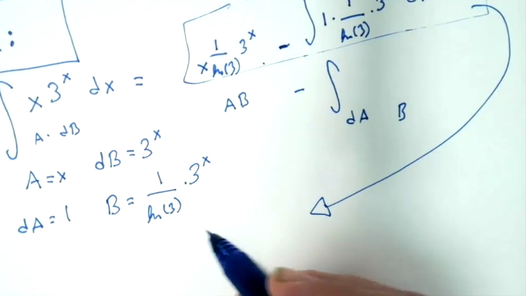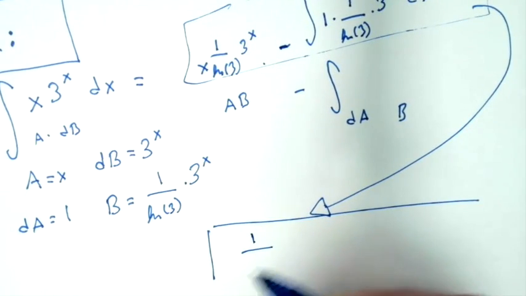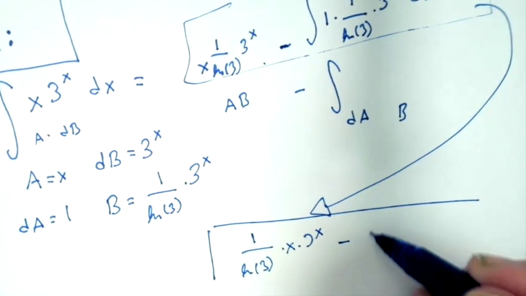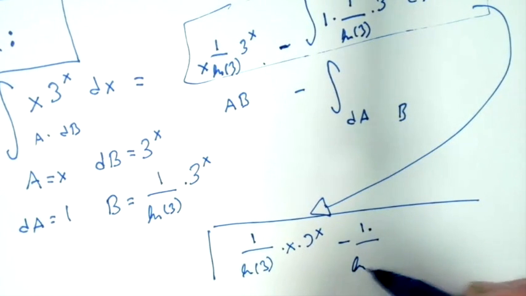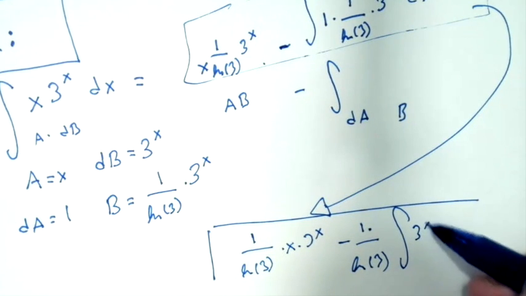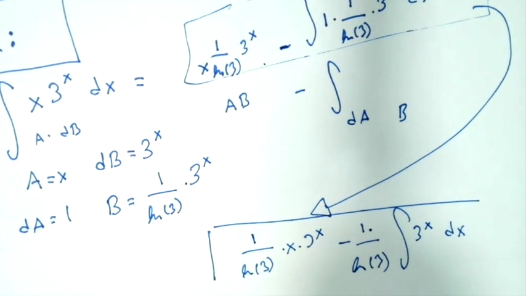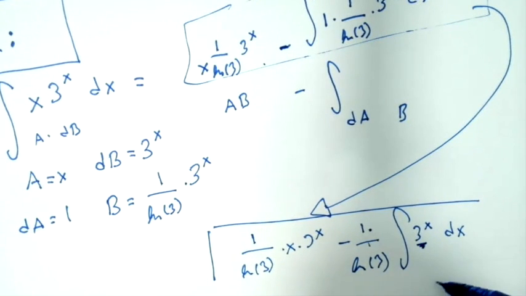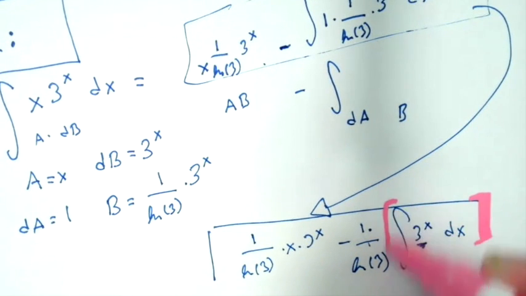I can rewrite this as 1 over natural log 3 times x times 3 to the x minus, and I can pull the 1 over natural log 3 out front, the antiderivative of 3 to the x dx. This is actually kind of interesting: I already have this 1 over natural log of 3, but the antiderivative of 3 to the x is 1 over natural log 3 times 3 to the x.